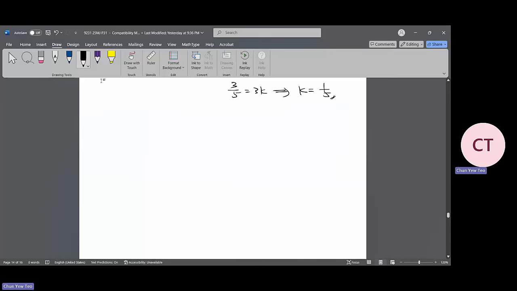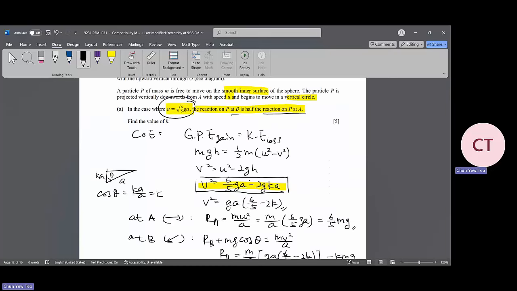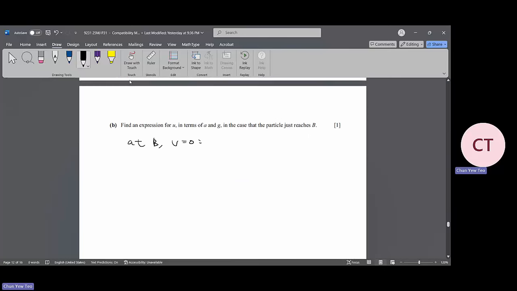But over here we cannot use this U anymore, because this U, just now, is only for part A. So for part B, we have to redo it. We have V square equal to U square minus 2GH. V is 0, and U you do not know, it is no longer square root of 6/5 GA.